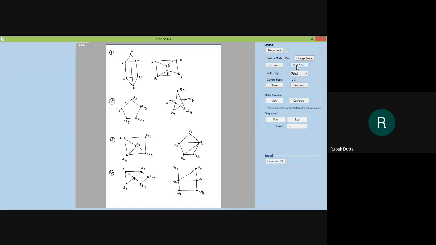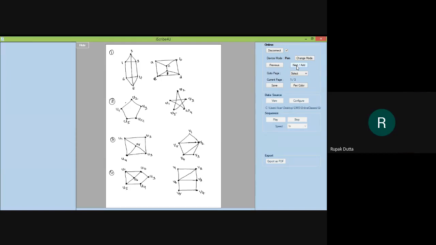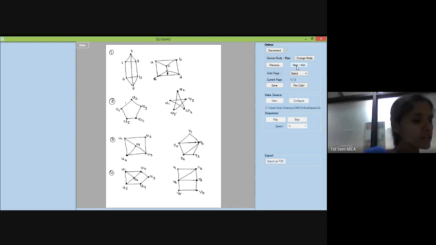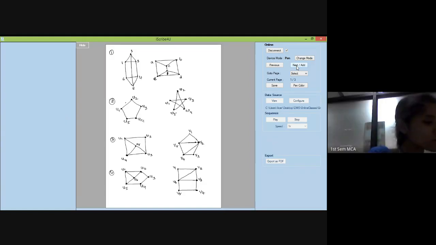Ma'am, can there be any graph which is not isomorphic? You want an example? I will give you that also. Let me give you one example on that also. The exam, of course, they may not ask, or I don't know.